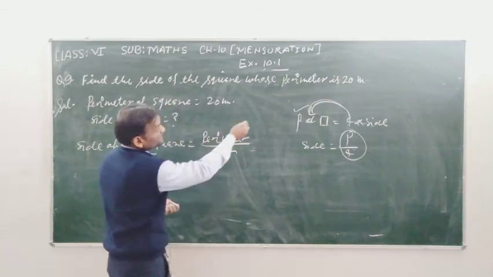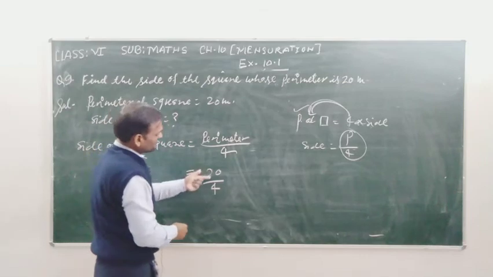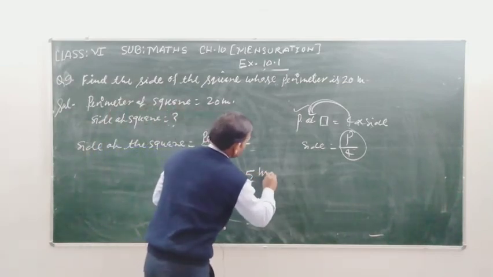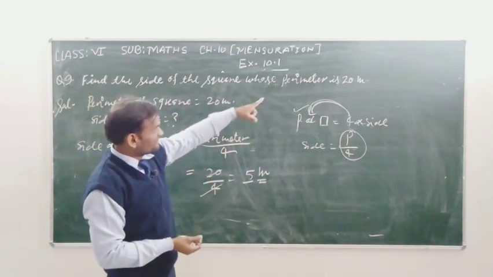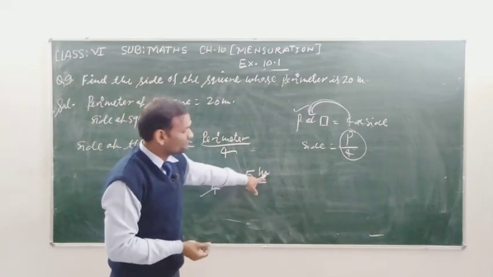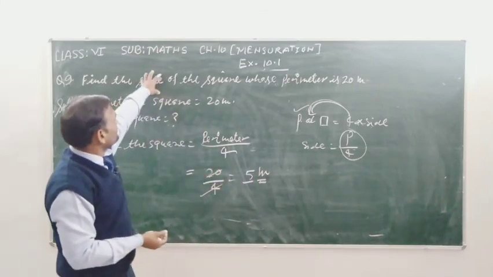So perimeter is given, 20 upon 4, and when we divide 20 by 4, we get 5. That is meter, because perimeter is given in meter, and 20 meter we are dividing by 4. We get 5 meter. So student, this is the answer of this question.